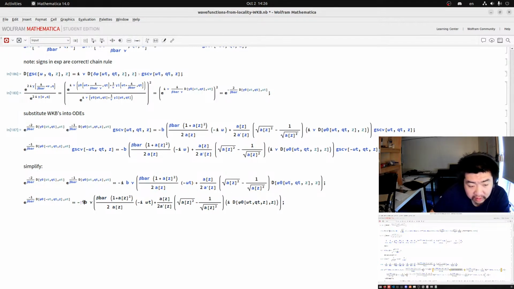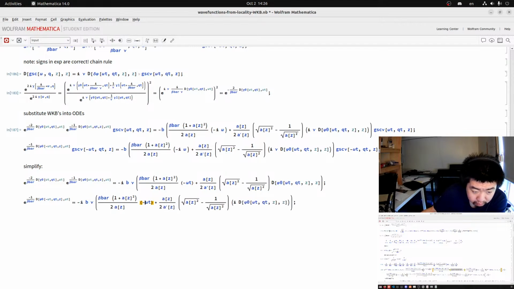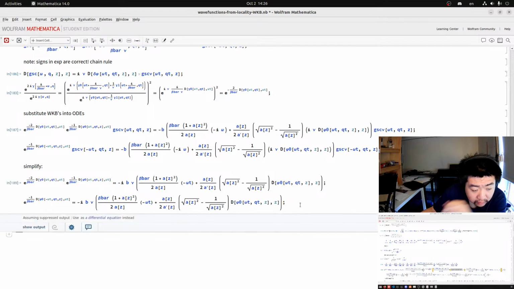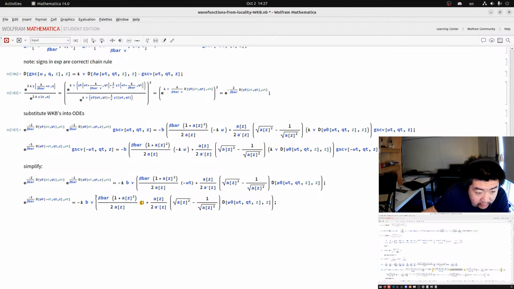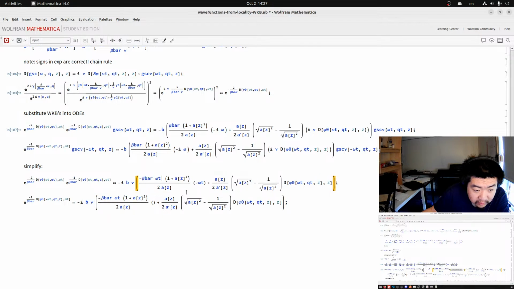Same thing here. Nice. Okay, well, this is a little nicer if I do something minus beta bar omega t, minus beta bar omega t.